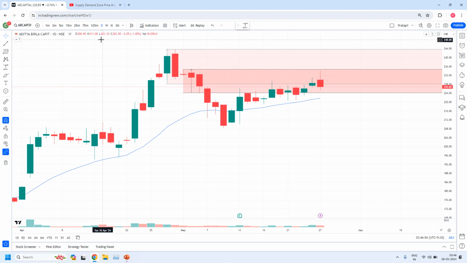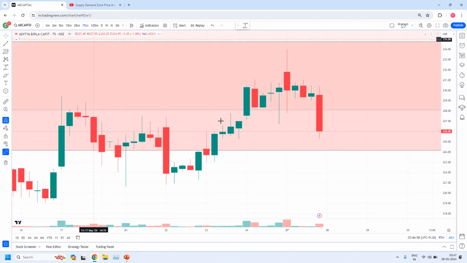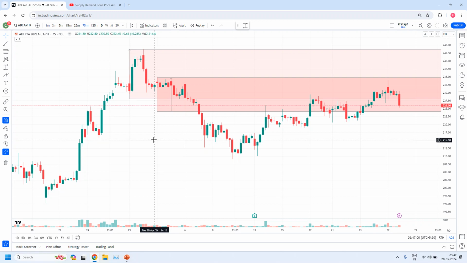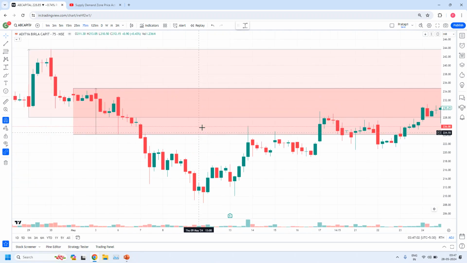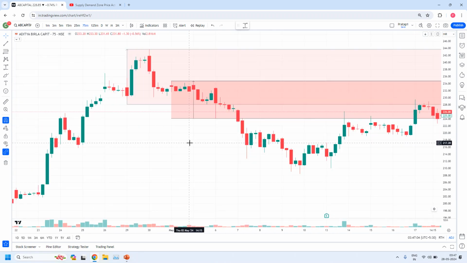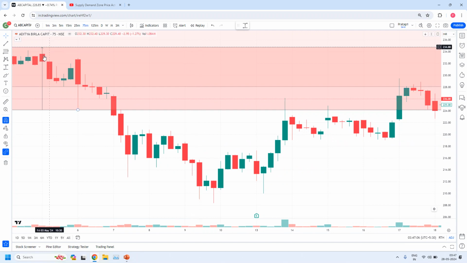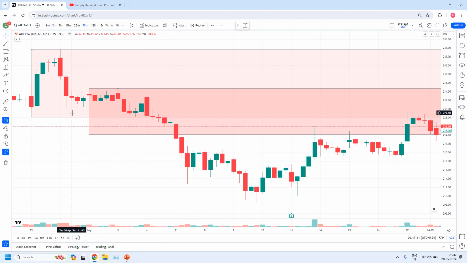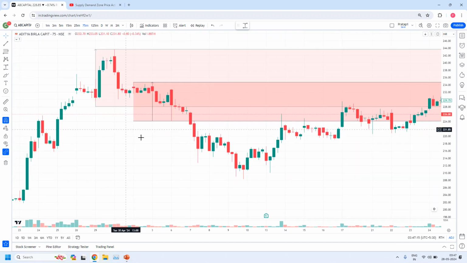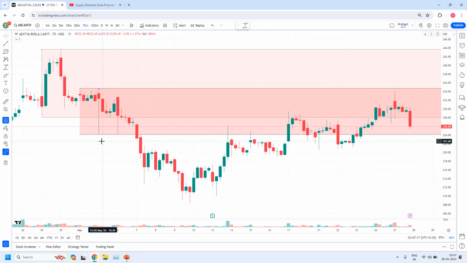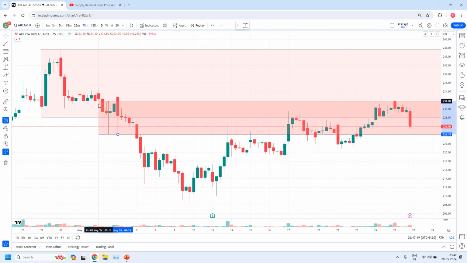Okay, according to them, what do they do? Now they go to the 75 minutes time frame. In the 75 minutes, is there any zone available? That is what they see. Yes, there is a zone available. We have a leg candle, we have a base candle, we have a drop candle. So this is the way we can draw a zone. Which zone? 75-minute zone. See here, now you have clarity.